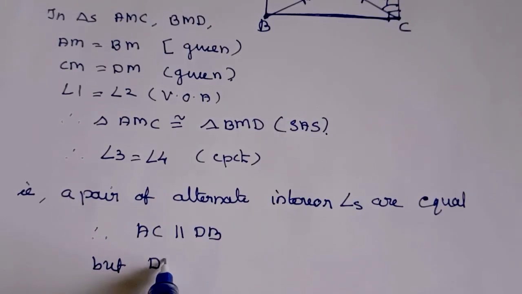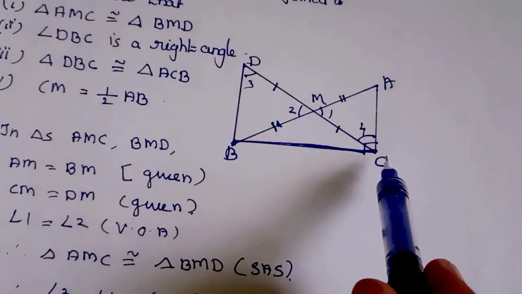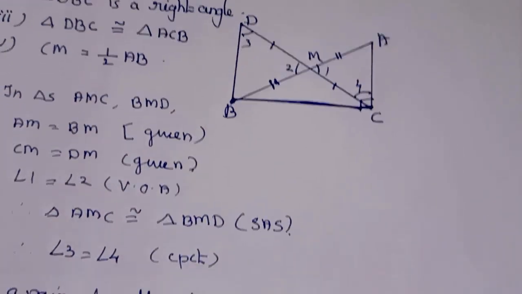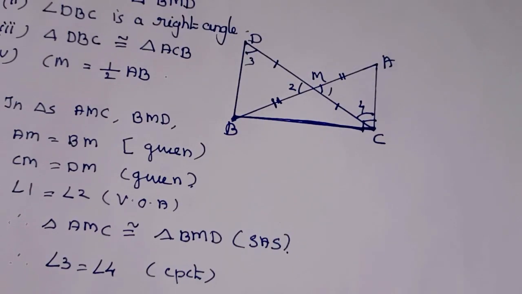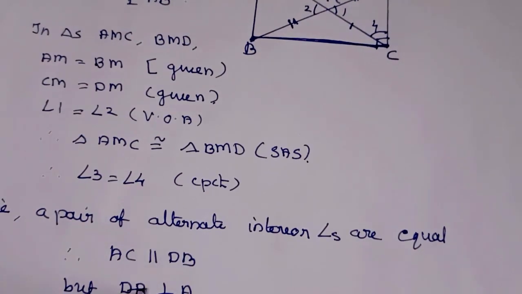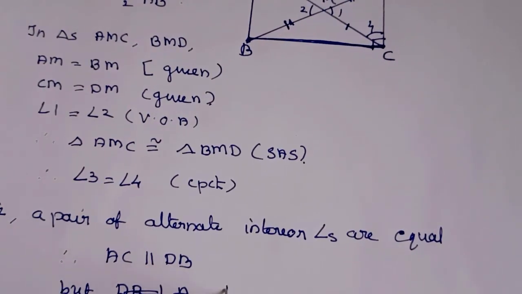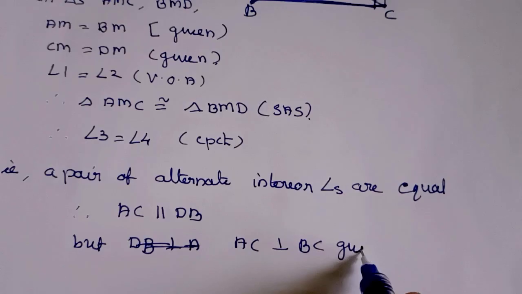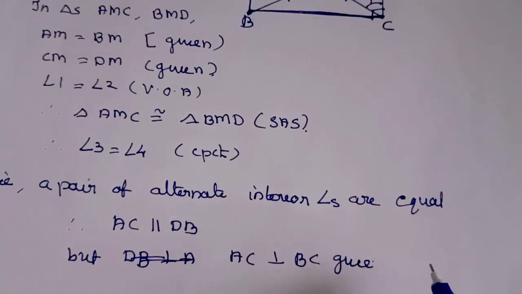But AC perpendicular to BC, reason given, or the angle is 90 degrees, it is given, isn't it?